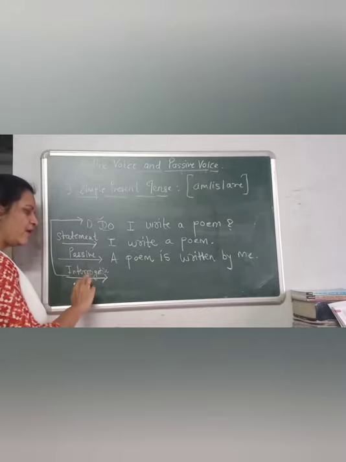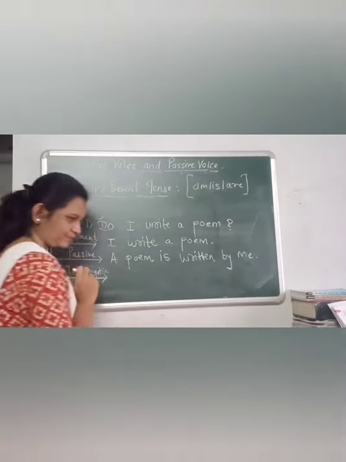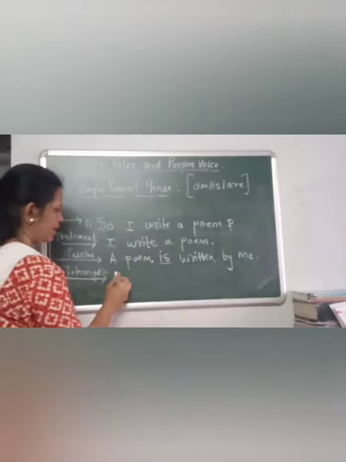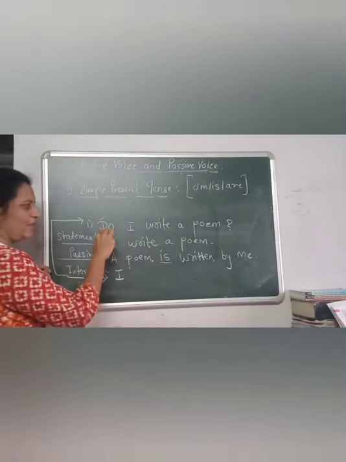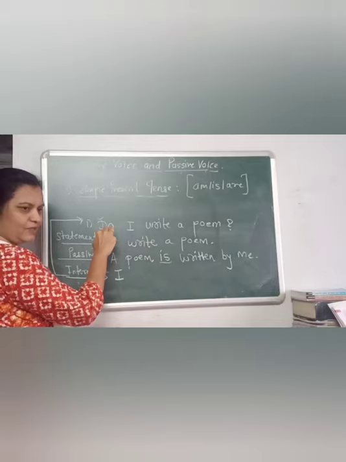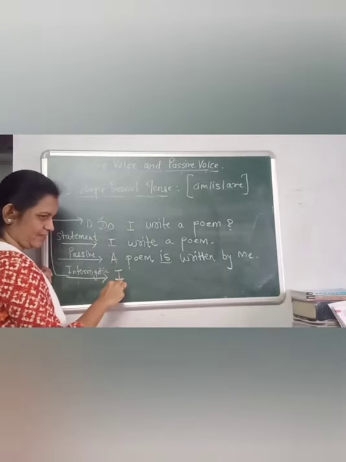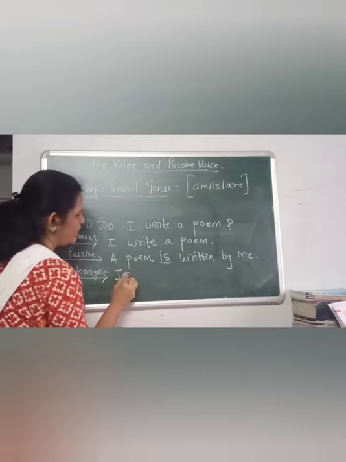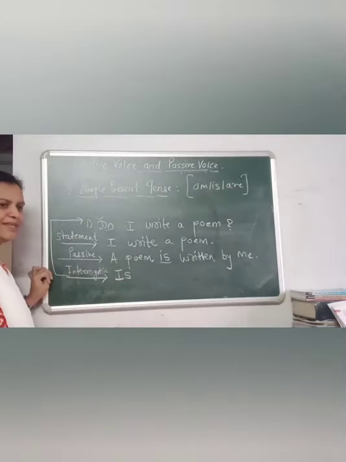Now see, we have to write down the question of it. Very simple. What is the auxiliary? Is. Because the passive voice of an interrogative sentence is a question only. Right? It begins with an auxiliary verb only. So what will be in the beginning of it? That will be is.